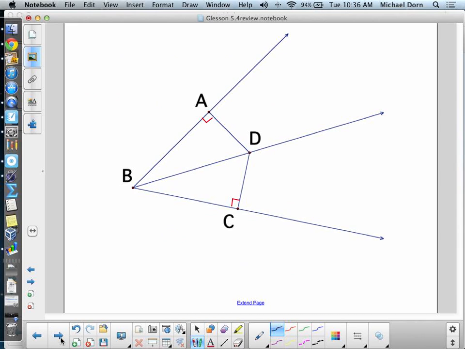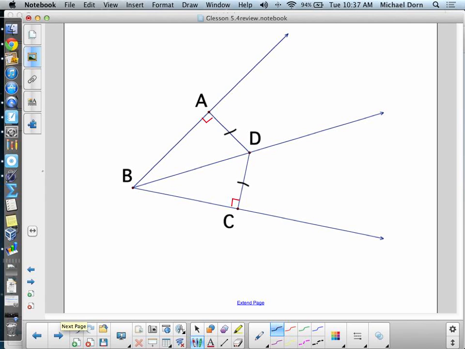So, based on this picture, can I conclude that BD is an angle bisector? Why not? Okay, it's not indicating angles are congruent. That's one problem. What else? What if I did this?